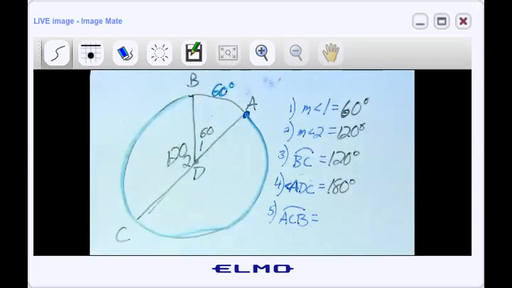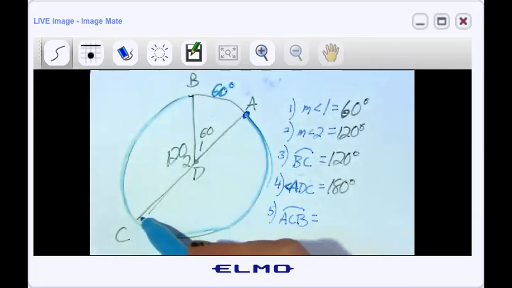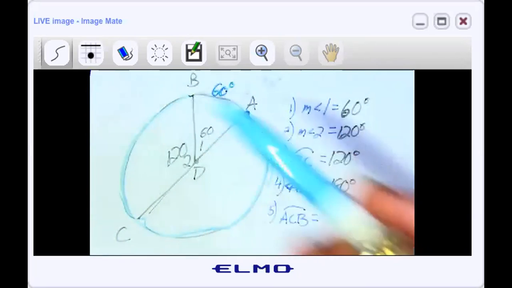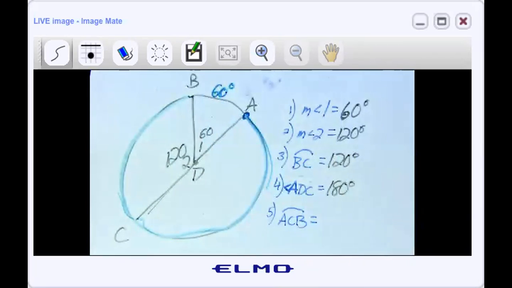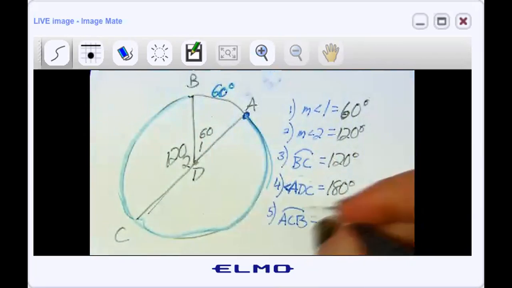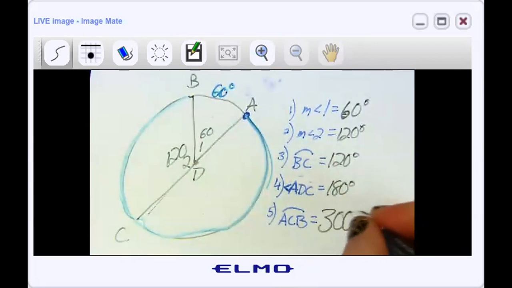Anybody have it? 300. Yes, and you can get there two different ways. This whole thing is 180 plus another 120. Or you're doing the whole circle except for that 60, so you could have done 360 minus 60 as well. Either way you slice it, you should have gotten 300 for that major arc.